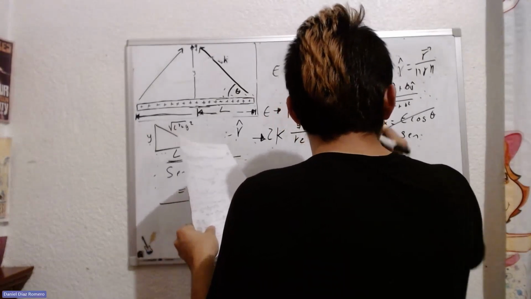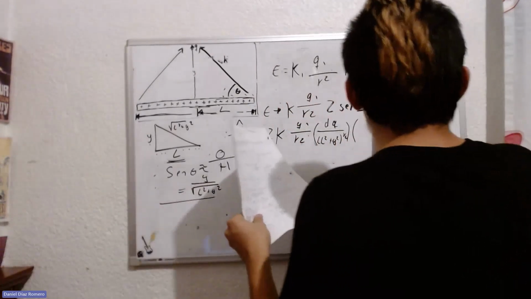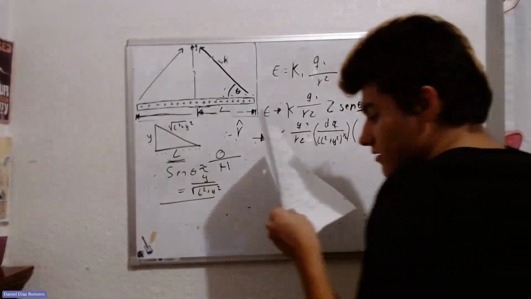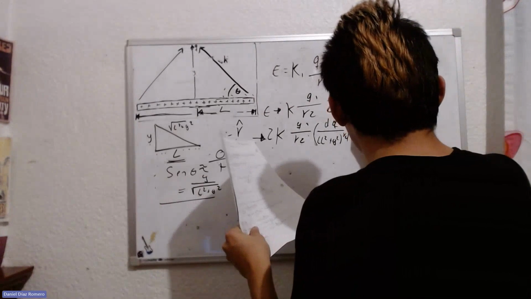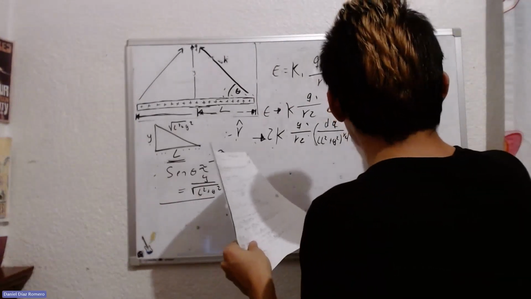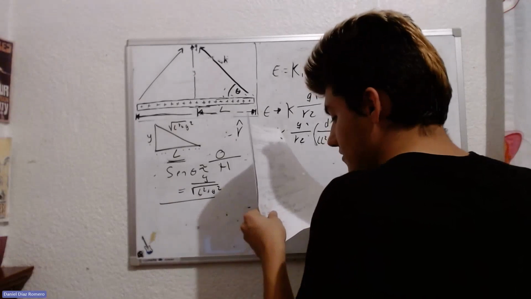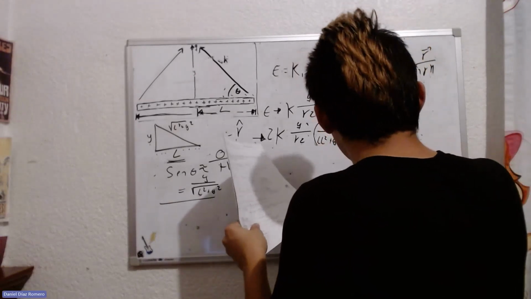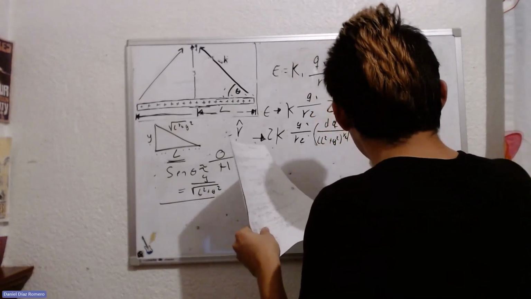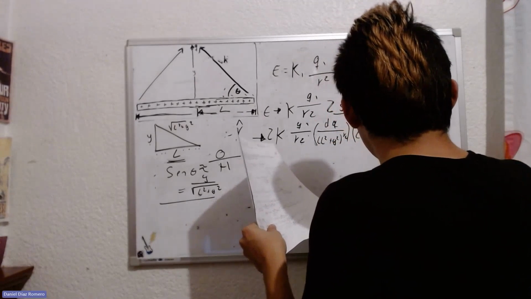And this is going to be multiplied to y, which is the main function over here, alias the unit vector of L squared plus y squared to 1.5.